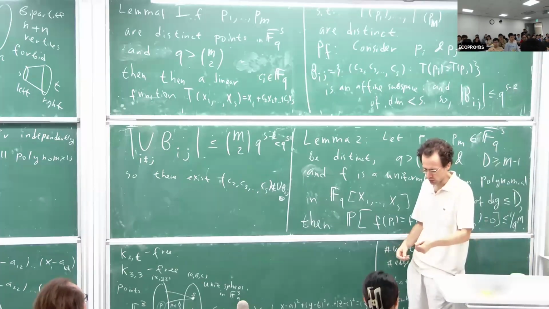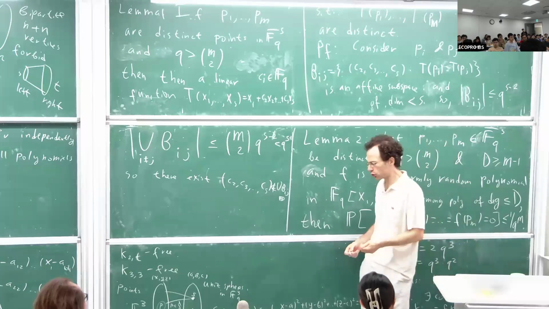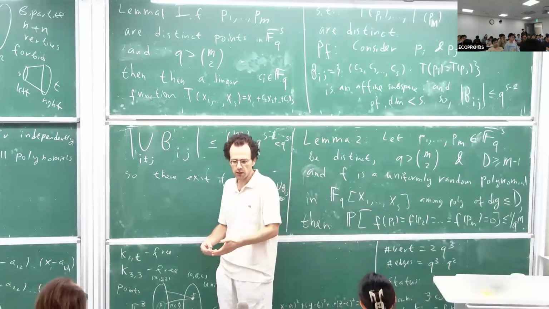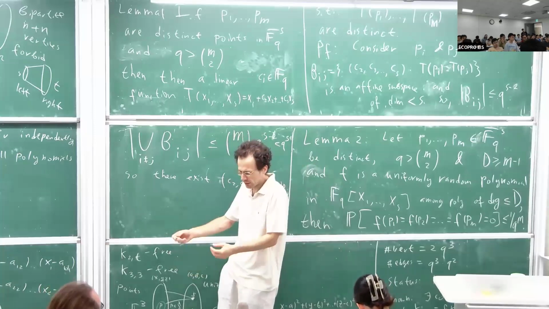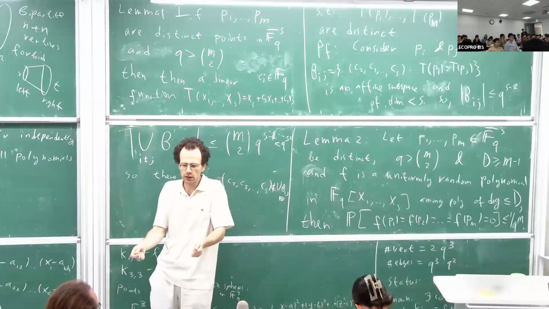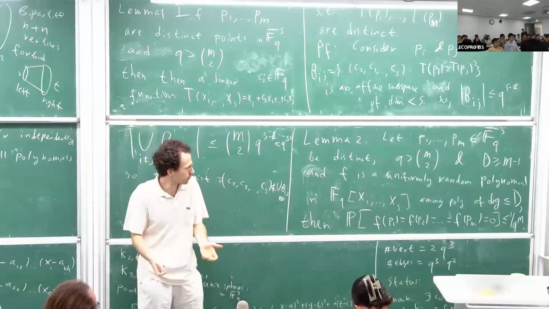okay, we're going to choose the coefficients of this polynomial one by one, but we're going to choose the constant coefficient last. And then the probability that we choose the constant coefficient just right to make the whole sum 0 is, well, there's only one choice out of q, so it's going to be 1 over q.